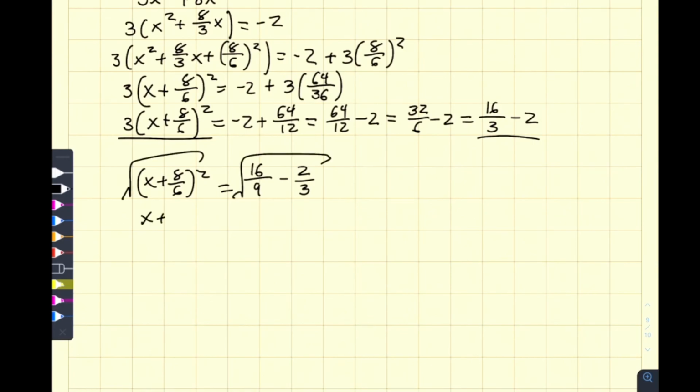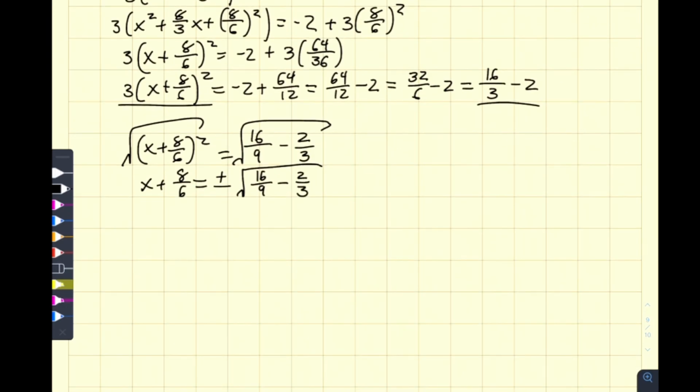So then this will be x plus 8 over 6 equaling plus or minus the square root of 16 over 9 minus 2 over 3. And now I need to subtract the 8 over 6 from both sides. And this will be x equaling plus or minus the square root of 16 over 9 minus 2 over 3, minus 8 over 6.